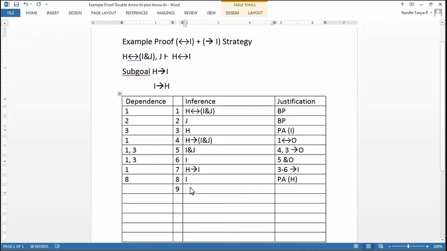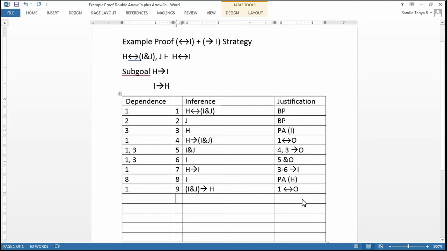This time I'm going to get this conditional, I and J arrow H, and that is from line 1, and double arrow out, right? So I can get this conditional from using the double arrow out rule. This is going to depend only on line 1 since I used line 1.